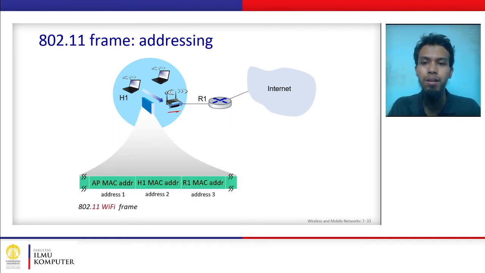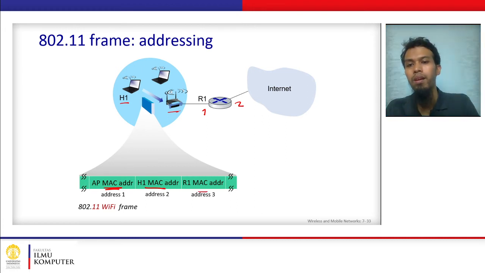Since the receiver is the access point, address 1 will contain the access point MAC address. Since the sender is H1, address 2 contains the H1 MAC address, and address 3 contains the interface of router 1. Let's say we have interface number 1 and 2, so this contains the MAC address of interface number 1 of router 1.